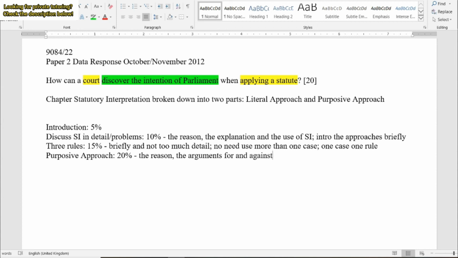Then you go into the intrinsic and extrinsic aids.